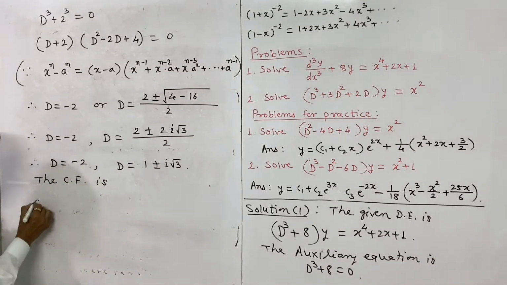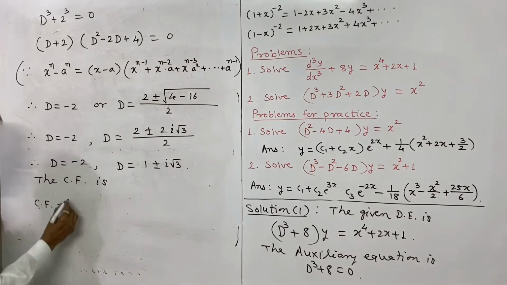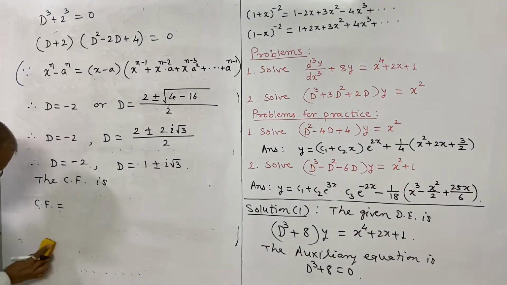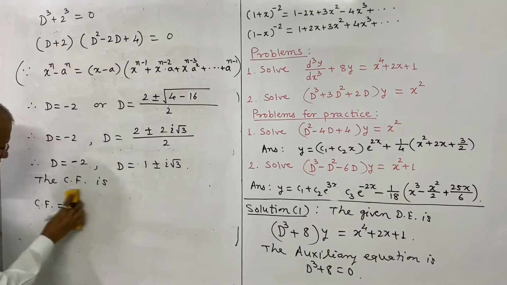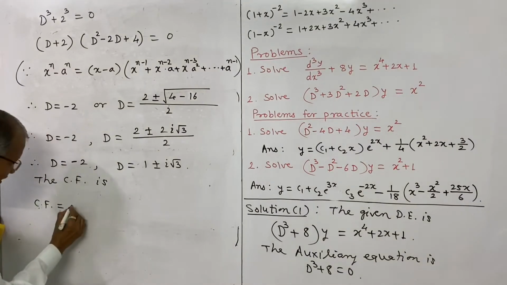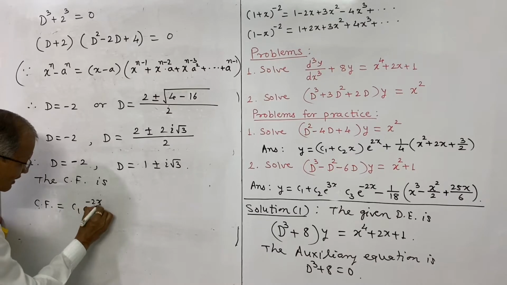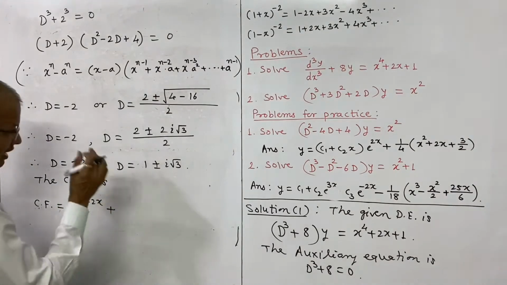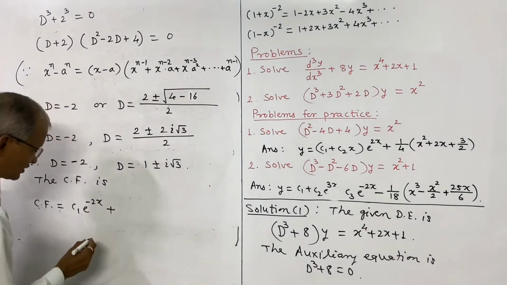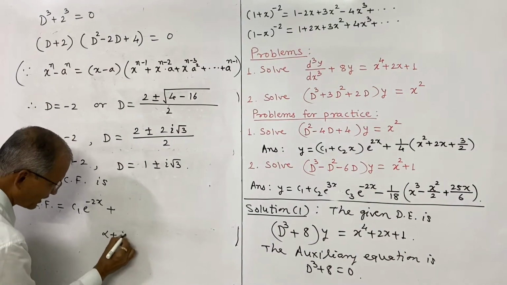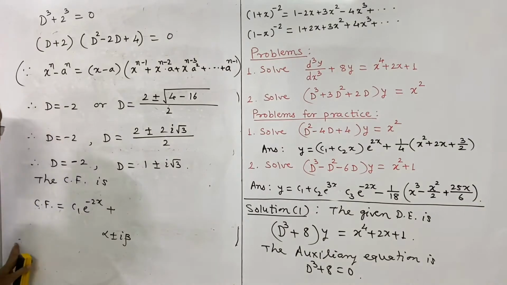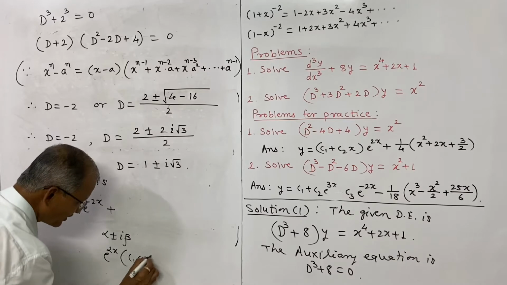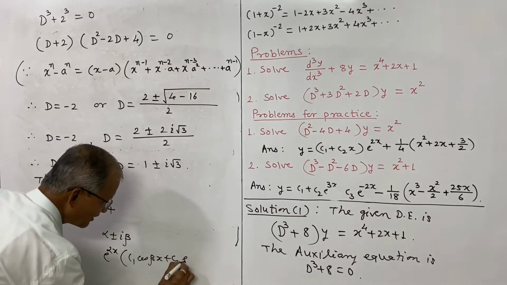complementary function is, CF is equal to, this is a real distinct root, and therefore the CF part corresponding to that will be C1 e power minus 2x. And the second is imaginary complex roots, and therefore we can write this by using alpha plus or minus i beta. The corresponding part of CF is e power alpha x in bracket C1 cos beta x plus C2 sin beta x.